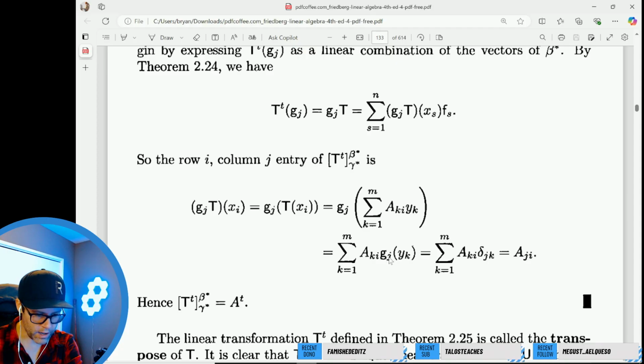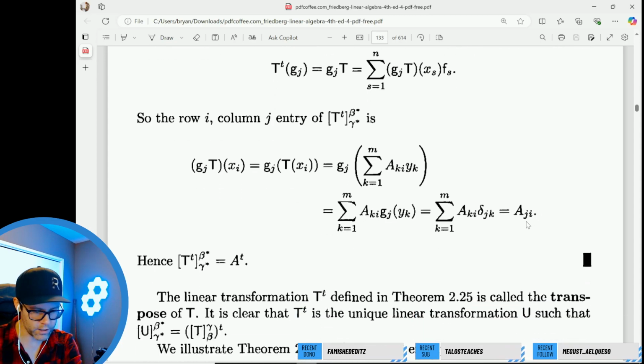Now GJ evaluated at YK, they're going to replace that with a Kronecker delta because only a certain number of those things are going to become 1. In fact, it's only going to happen when J and K are equal to each other. Okay, so that's where we get the AJI. So K equals J is the only one that we're going to recapture after doing this calculation. And we know that AJI is the transposed element of AIJ.